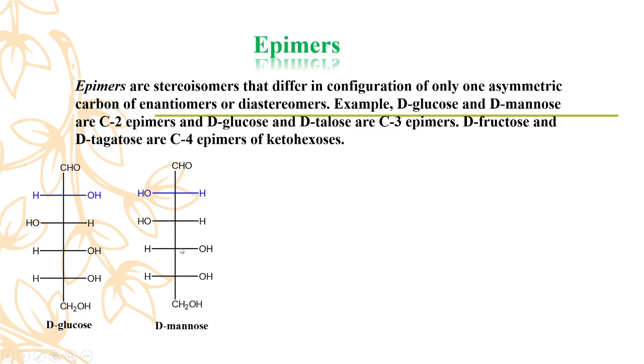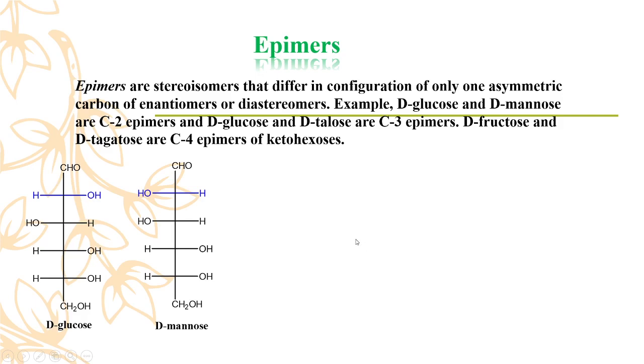What are epimers? Epimers are stereoisomers that differ in the configuration of only one asymmetric center. Here the difference is only the configuration of one asymmetric center: here it is R and here it is S. This is the only difference. Therefore D-glucose and D-mannose are epimers of each other.